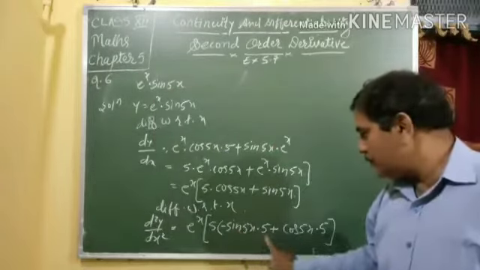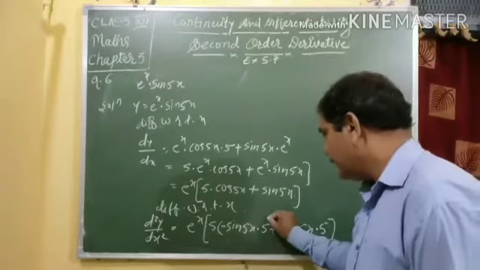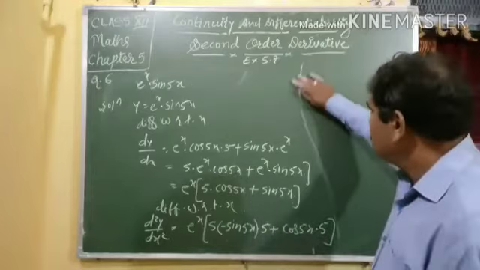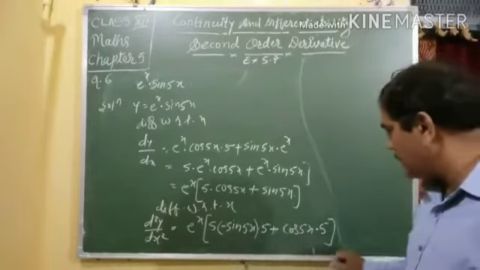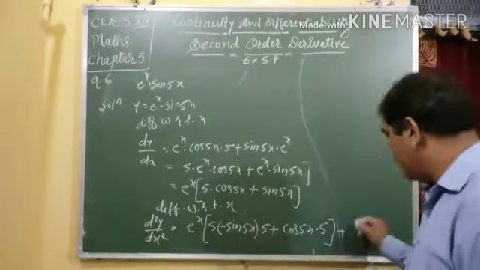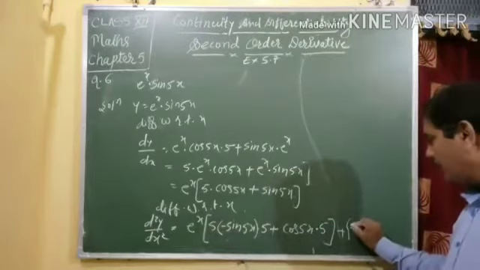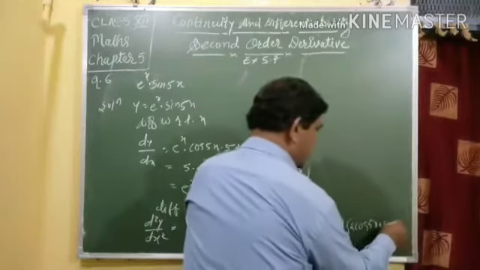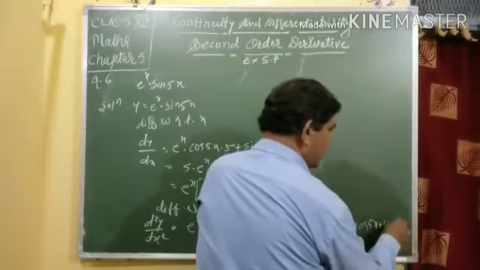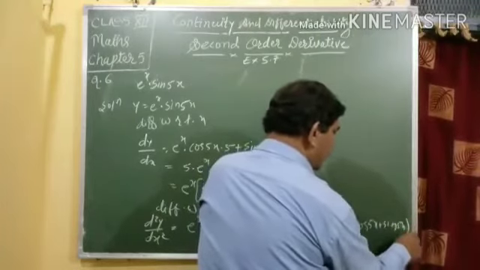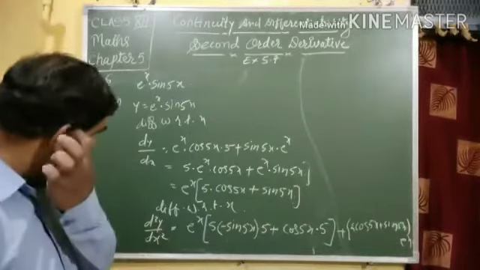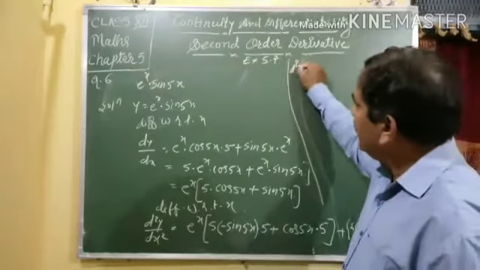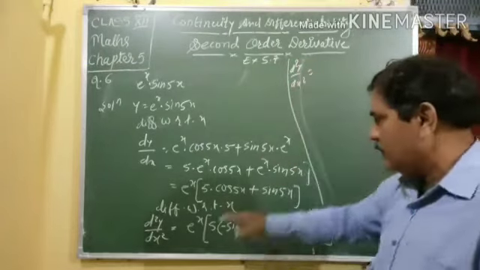Now here this pi into pi, then what will we get? So this is the first and derivative of second, plus this bracket as it is, pi into cos pi x plus sin pi x into e to the power x, derivative of e to the power x is e to the power x.